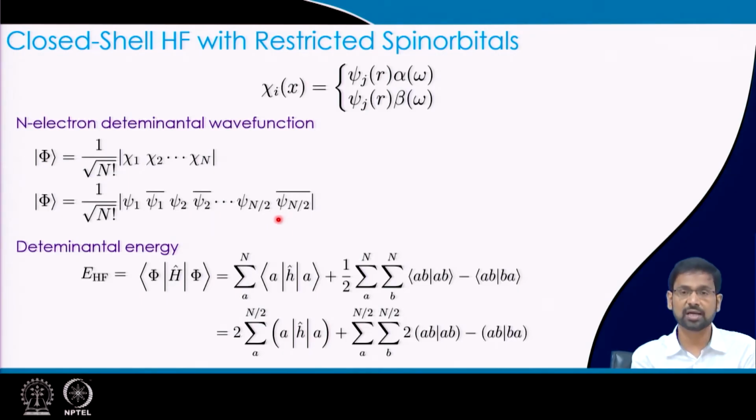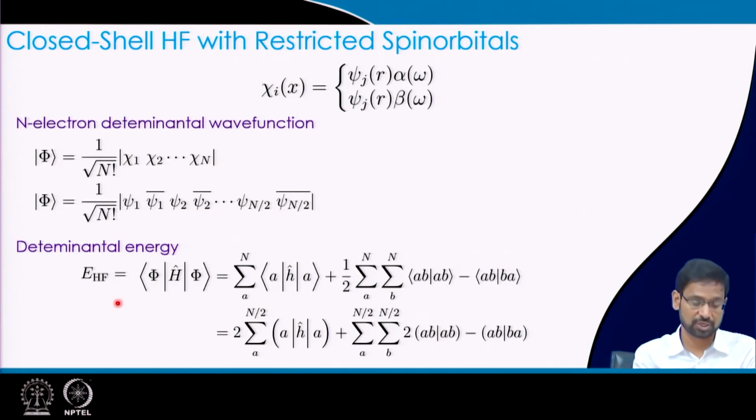Here you see that I am using the same spatial part of the orbital, so their spatial functions are the same. It is only the spin functions that are different, one is alpha, another is beta. I have already seen earlier how, in this case, I can take out the spin part, do the spin integration separately and rewrite the expression in terms of spatial orbitals.